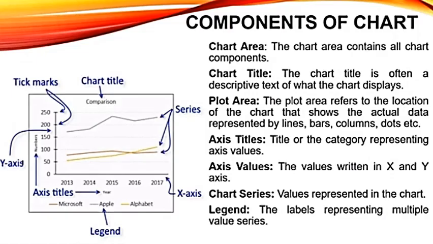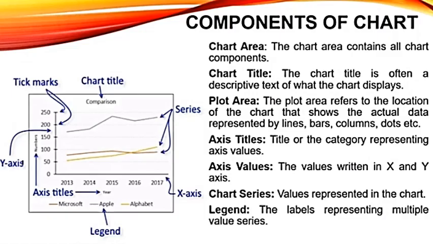Next, plot area. Plot area refers to the location or a window within the chart area. It contains the actual chart itself and includes plotted data, data series, category, and value axis. The plot area refers to the location of the chart that shows the actual data representation by lines, bar, columns, and all.